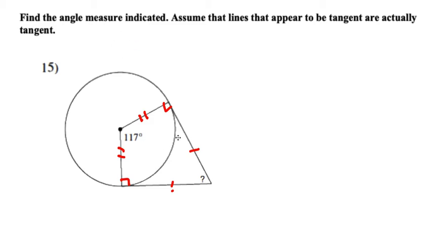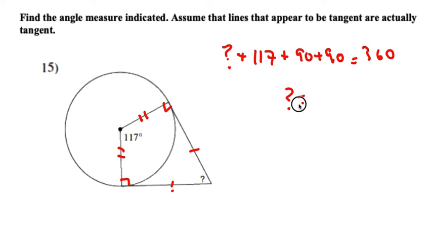I know that all these angles, question mark, plus 117, plus 90 plus 90 have to add up to 360. Which means when I take 360 and subtract all the other three angles, I should get 63 degrees, which is what the angle in question is, right there.